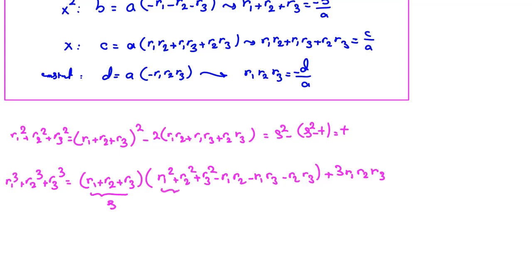S. r1 squared plus r2 squared plus r3 squared is t, minus this part, which is minus s squared minus t over 2.